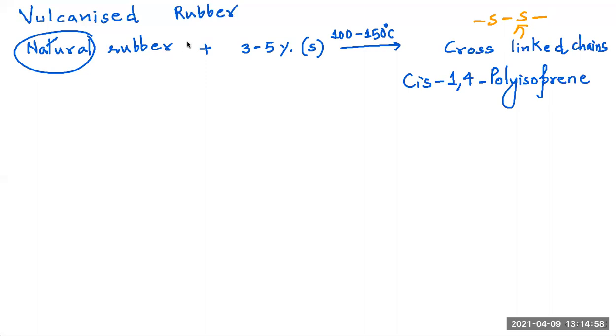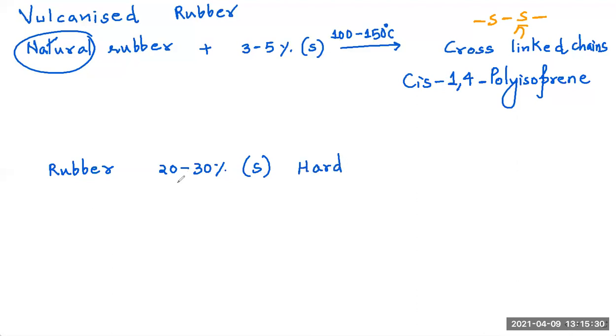Yes, ma'am. Now, if I make rubber with 20 to 30% sulfur instead of 3 to 5% sulfur, how much am I taking? 20 to 30%. So rubber with 20 to 30% sulfur is quite hard.